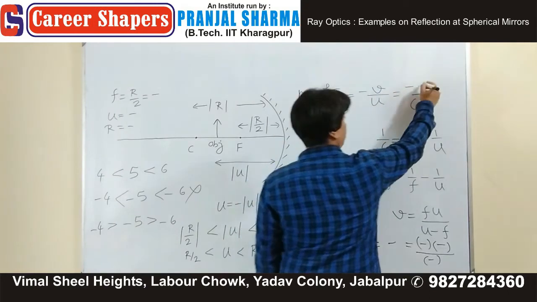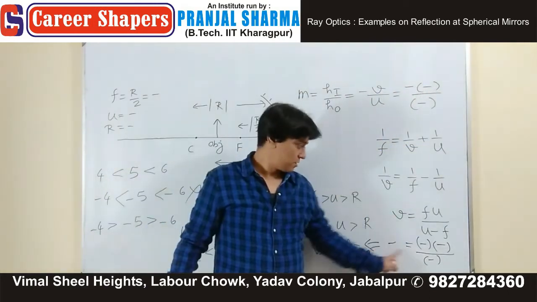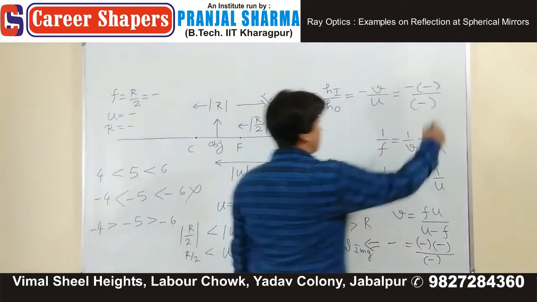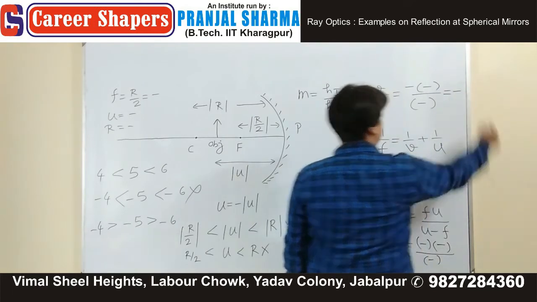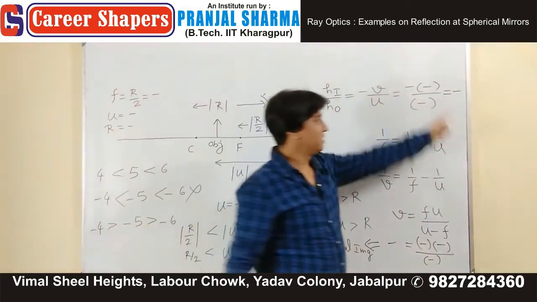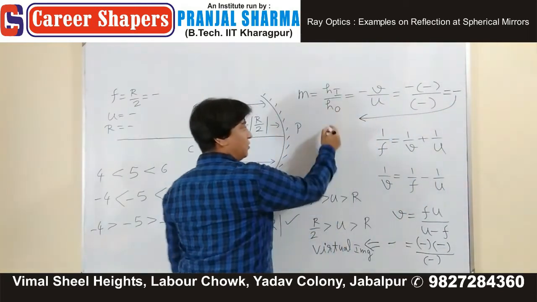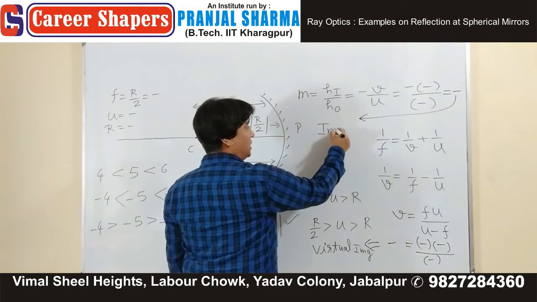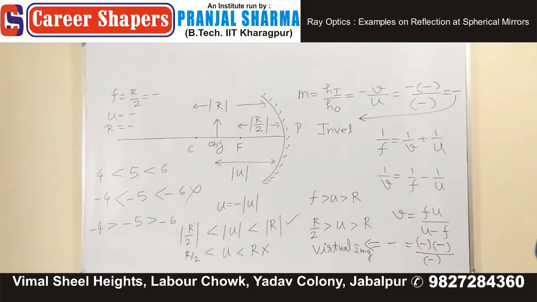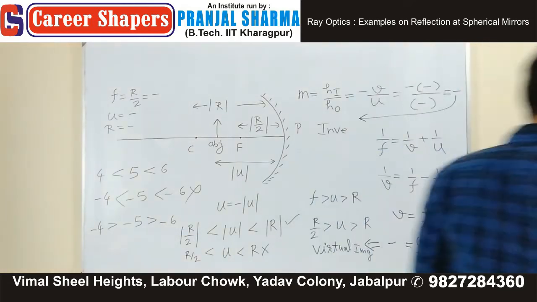V, we just found, is also negative. Negative, negative, negative. Your magnification is coming negative. If m is coming negative, then it tells us that we have got an inverted image.